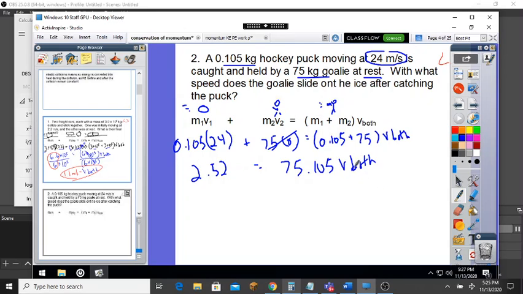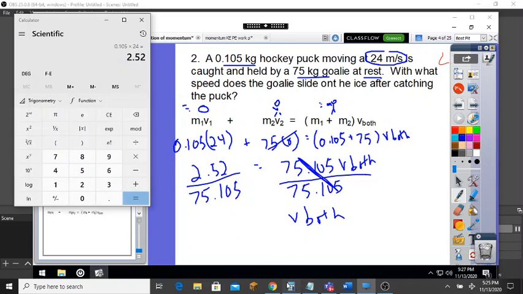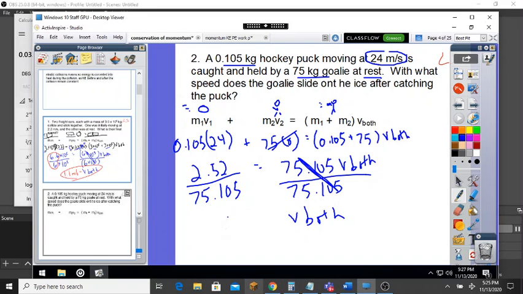So now we want to solve for v by dividing. This cancels, and we're left with 2.52 divided by 75.105. And that gives me 0.03.